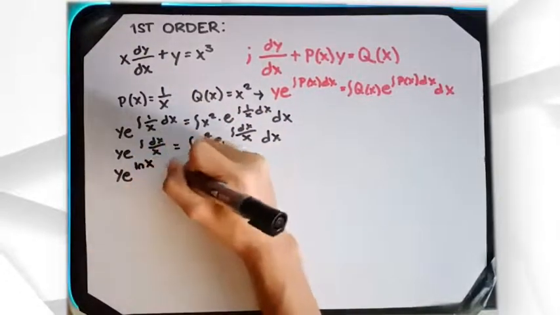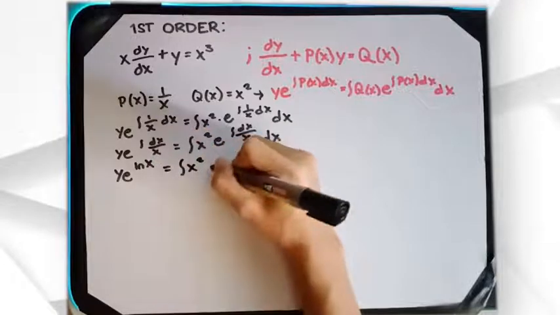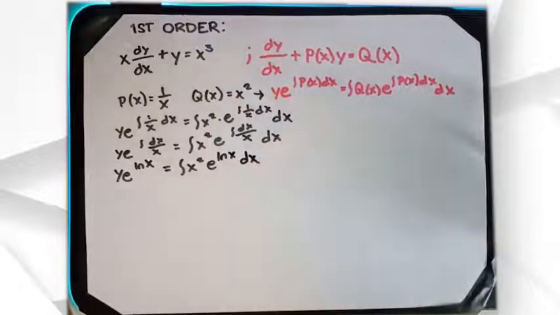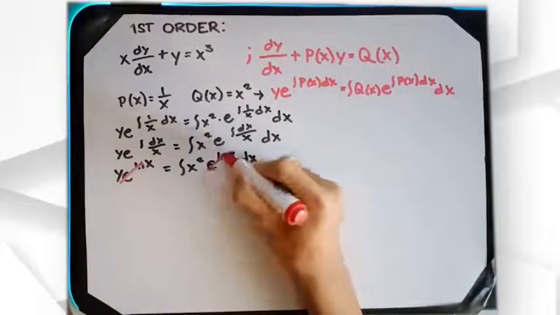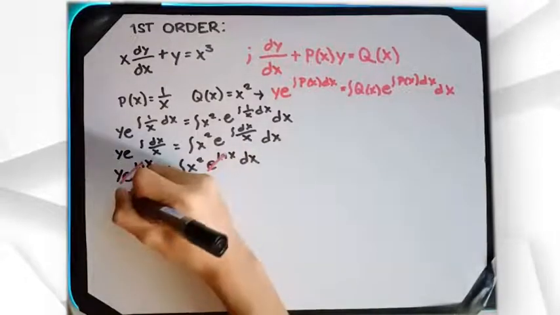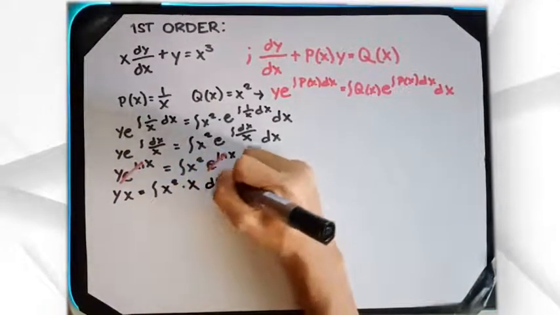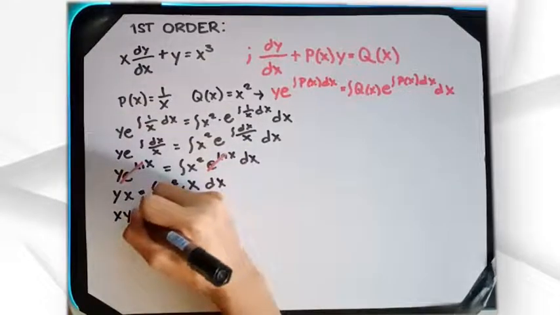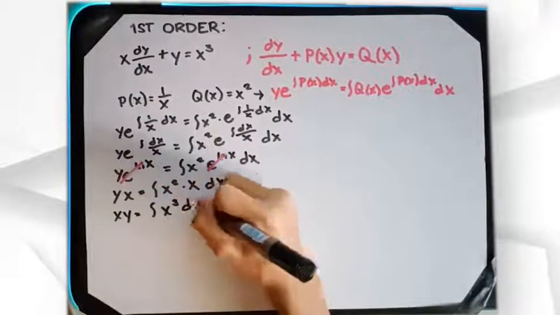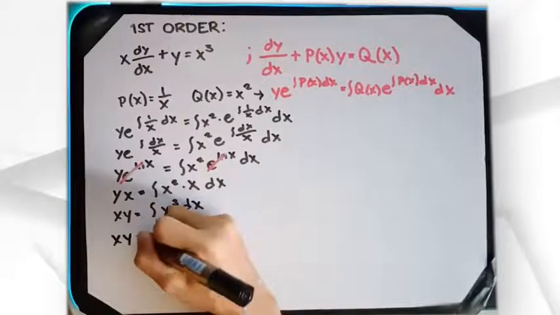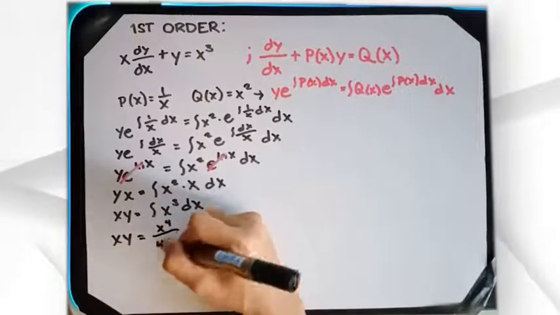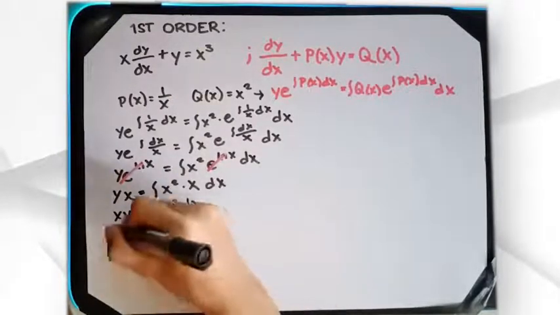As we can see, there is a value of y e raised to ln x. We can simply cancel the e raised to ln, and the only term remaining is the inside function of ln, which is x. So, our solution would be xy equals the integral of x cubed dx. Integrating this, we get xy equals x raised to 4 over 4 plus c.